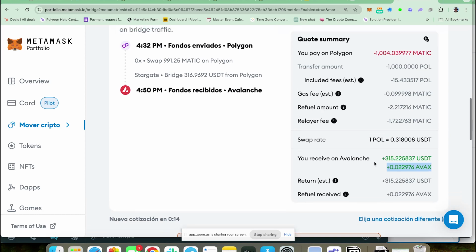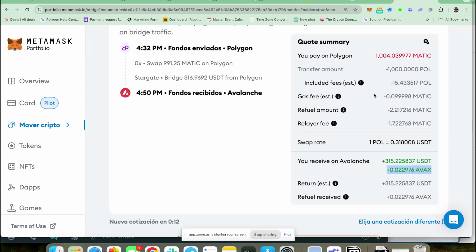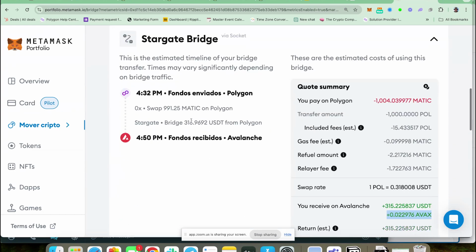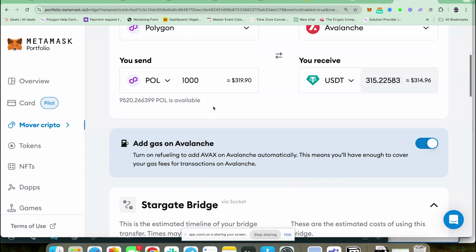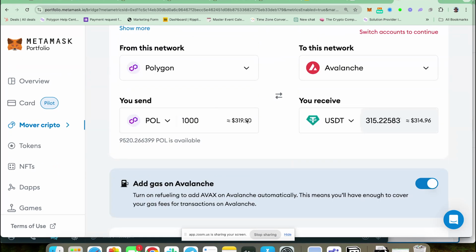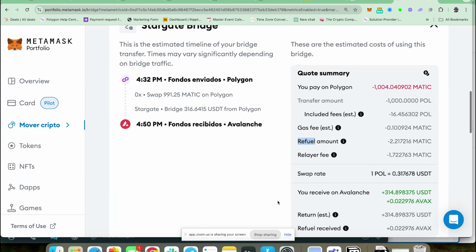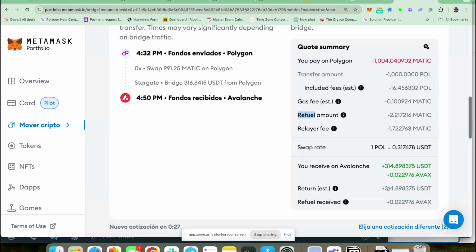So for this situation, the value is 320 US dollars more or less, and I am getting 315.40 and 14. So it's just $5, which is 1.5% of the total amount that I'm transacting.